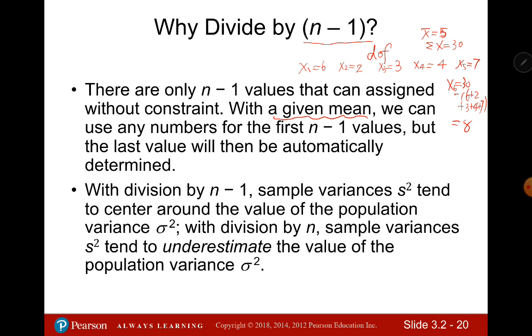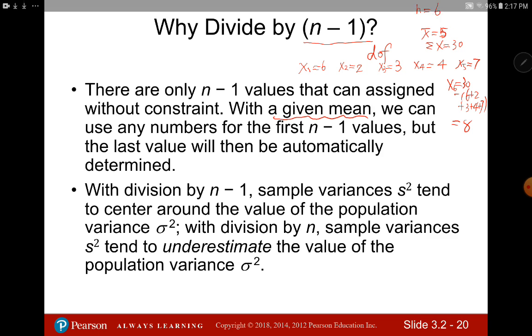The last one is not free to pick, but the first 5 are totally free to pick any value. Only the last one is not free. So the degrees of freedom is just 5 for this example.